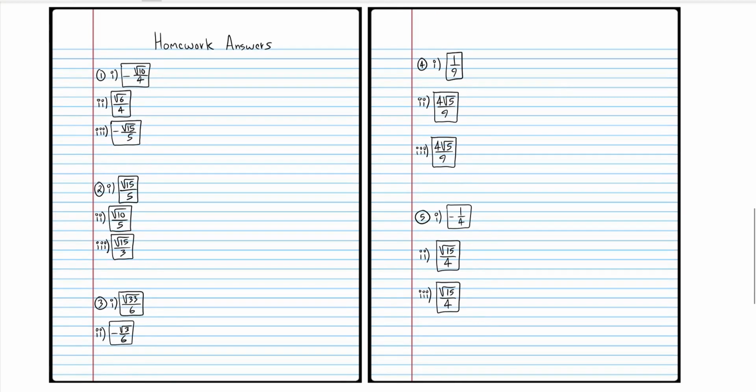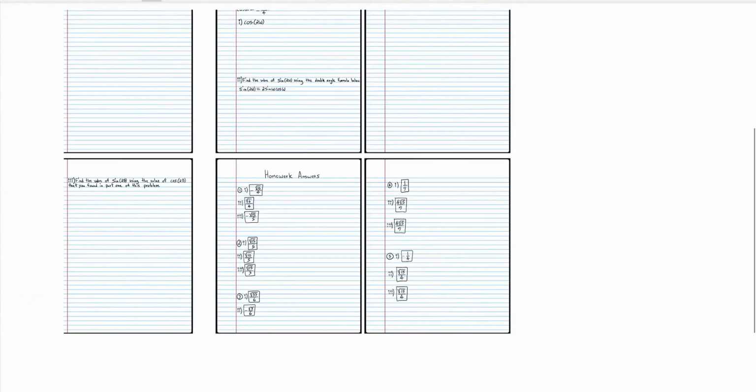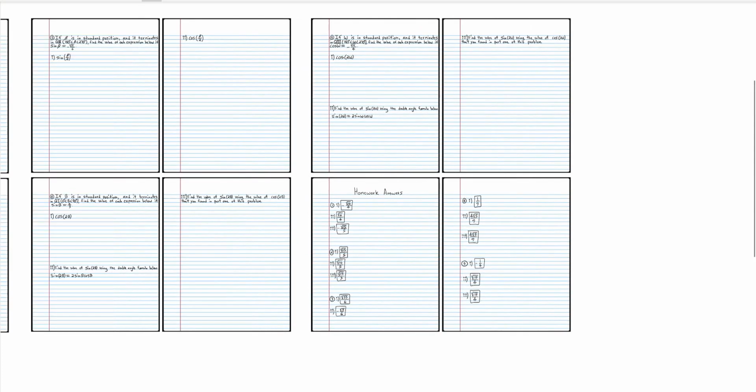And here's the answers. So be sure to get that homework done completely, correctly, neatly, and keep it in order in your binder. And remember, if you don't do the homework, there's no way you're going to learn the fluency you need to master this material. So get that homework done, and I'll look forward to seeing you in the next class.